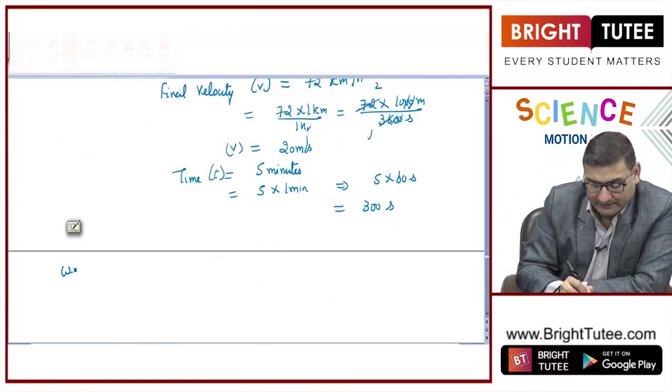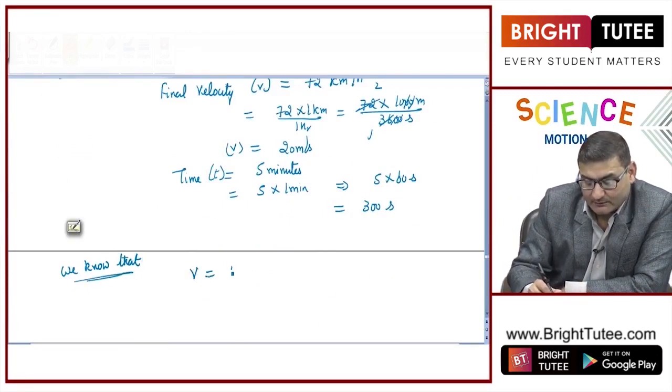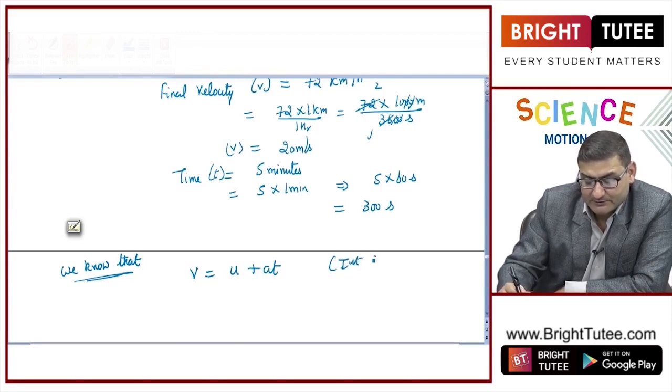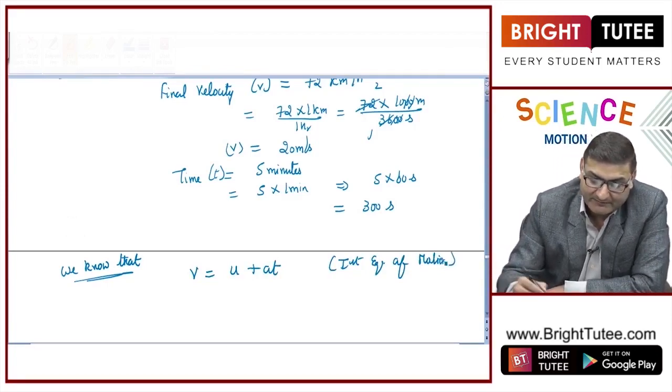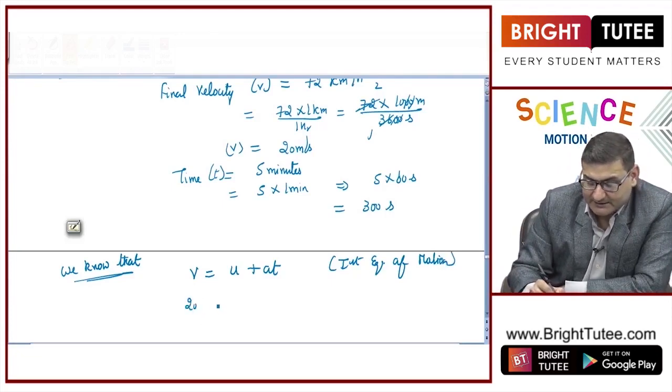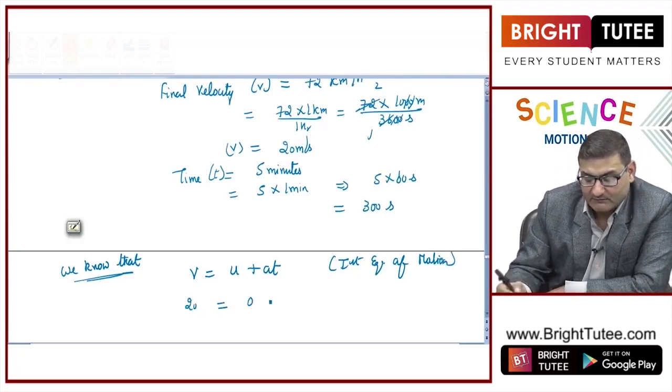How? We know that v is equal to u plus at. This was our first equation of motion. Now, putting the values of u, v and t, I can find out a. Final velocity is 20 meters per second. Initial velocity was 0. Acceleration I need to calculate, and the time is 300 seconds.